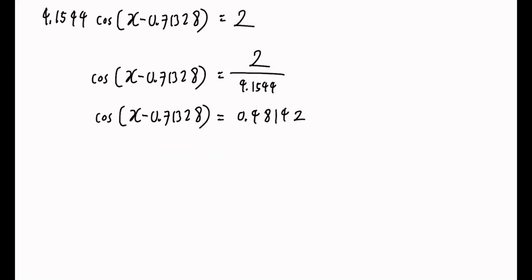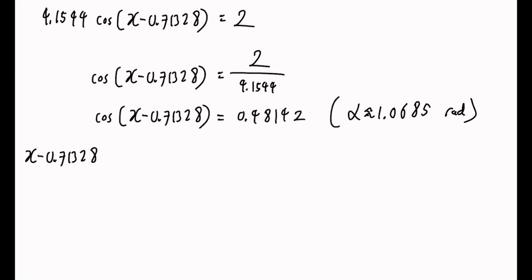The lazy way is to take the basic angle alpha equals cosine inverse on the calculator of 0.48142, and I get 1.0685 radians, approximately. Therefore, x minus alpha must be that angle, 1.0685.